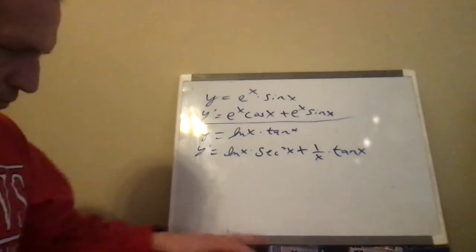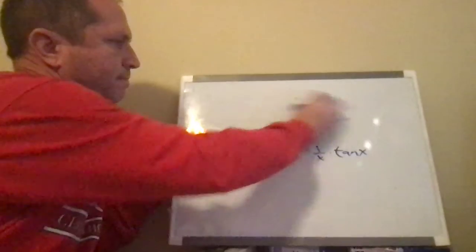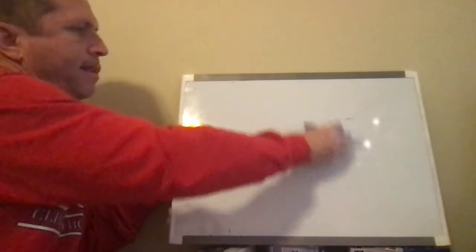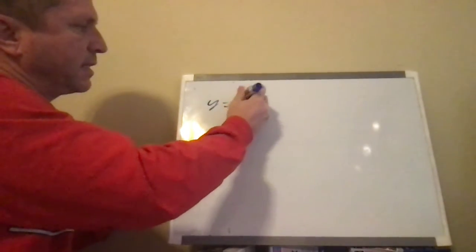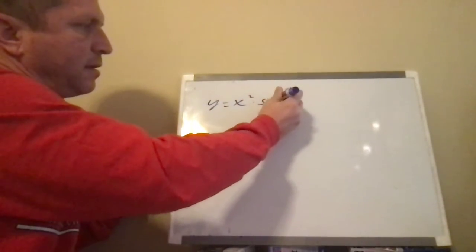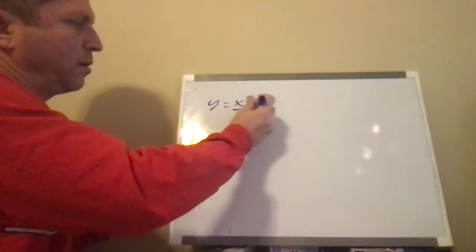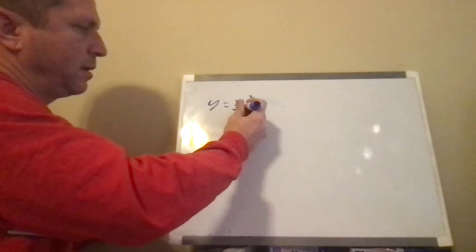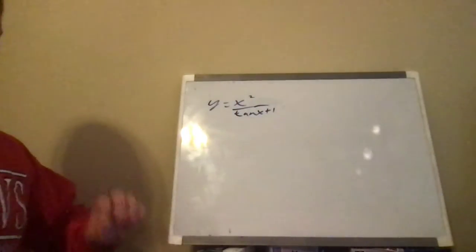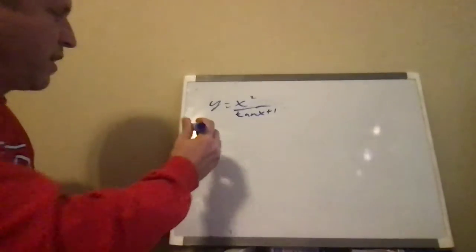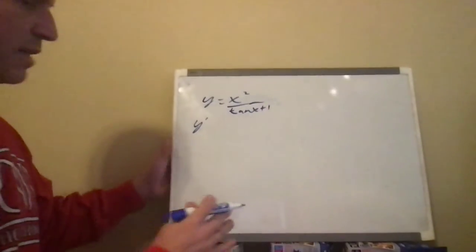All right. Let's do a quotient rule problem: x squared over tangent of x plus 1. We've got the derivative, again, using the quotient rule.